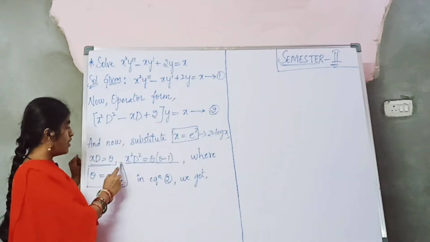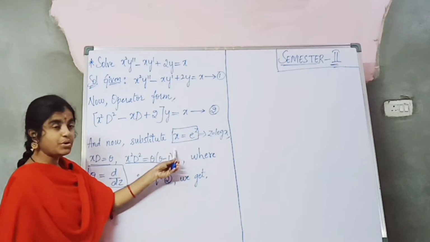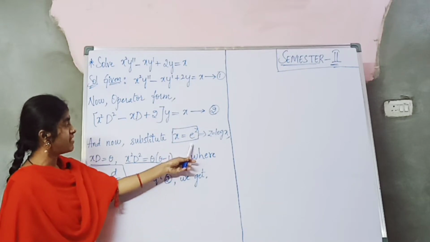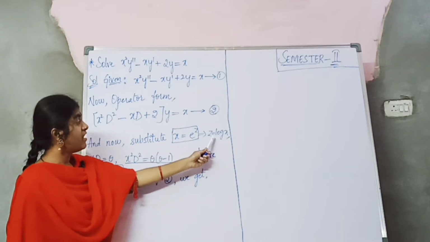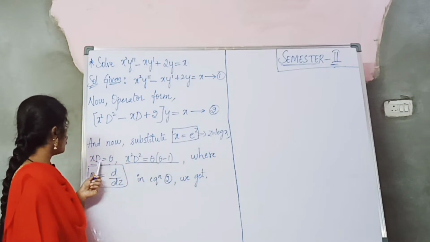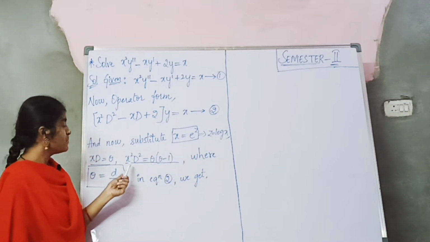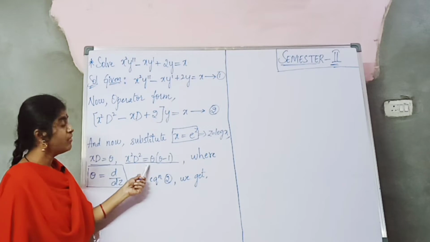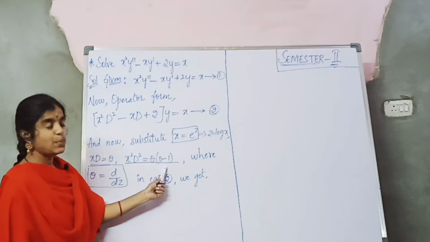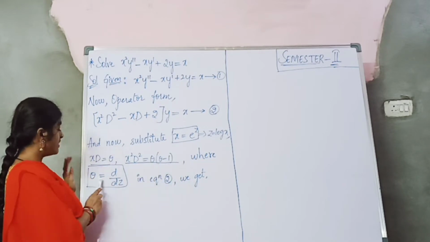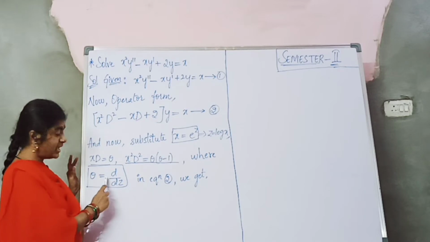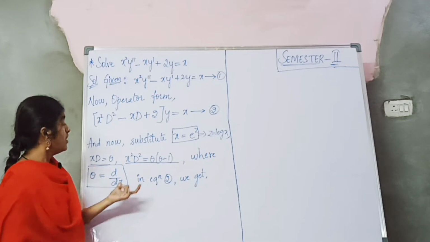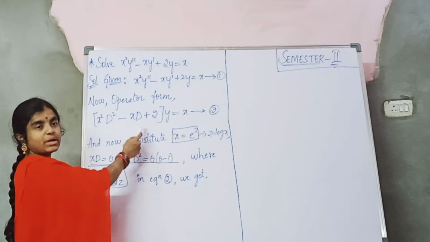And now according to step 2, we substitute x equals e power z. That implies z equals log x, xD equals theta, x square D square equals theta into theta minus 1, where theta equals d by dz. We substitute all these values in equation 2.